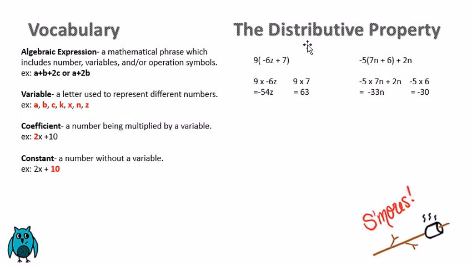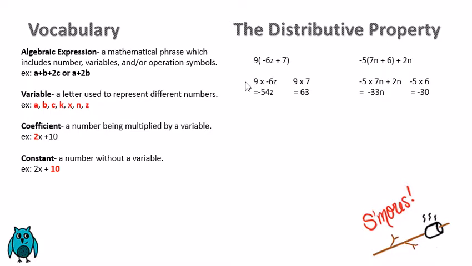The distributive property here is something that you will use in algebra to help you to understand what needs to take place and how a coefficient or a constant should be distributed throughout the problem. In this example here, we have 9 times negative 6z plus 7.